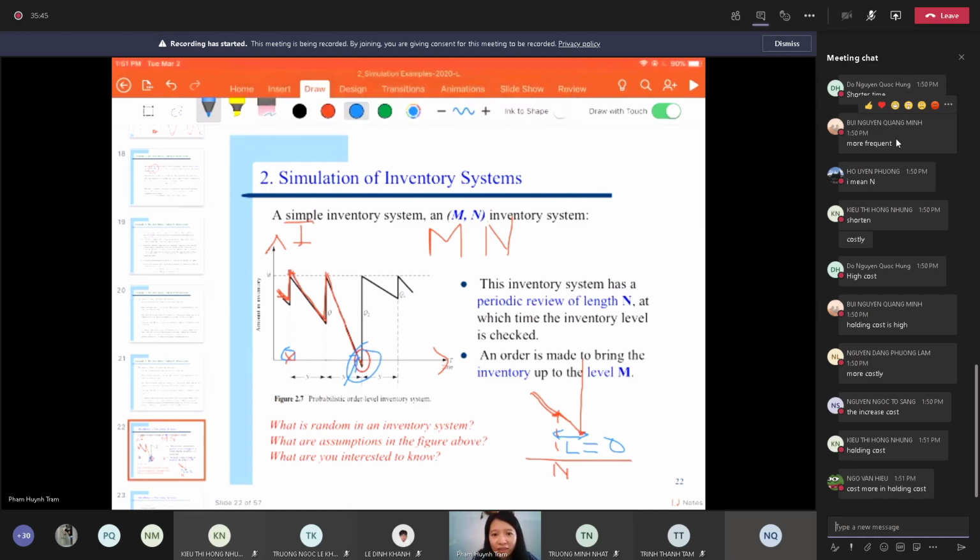And for the holding cost, it's not only about the money that we pay to hold the inventory, but you can also think of the opportunity cost. Like we don't have much cash, and then we have to buy a lot to stock.